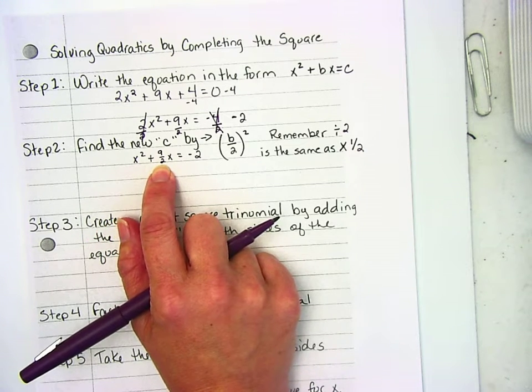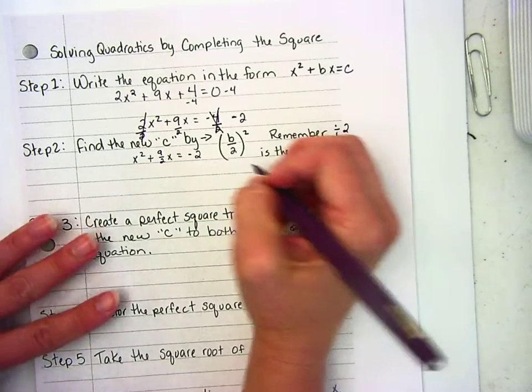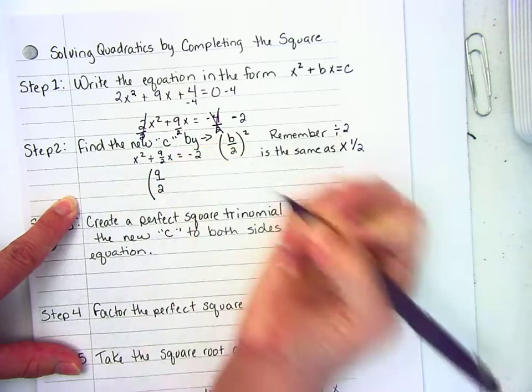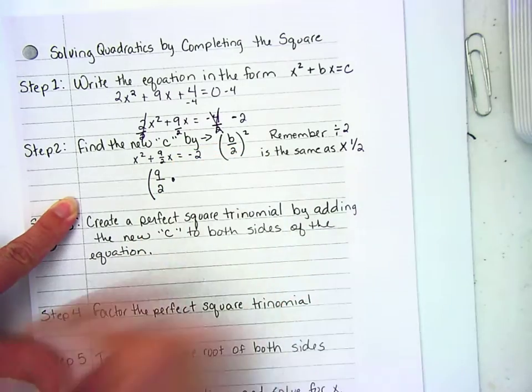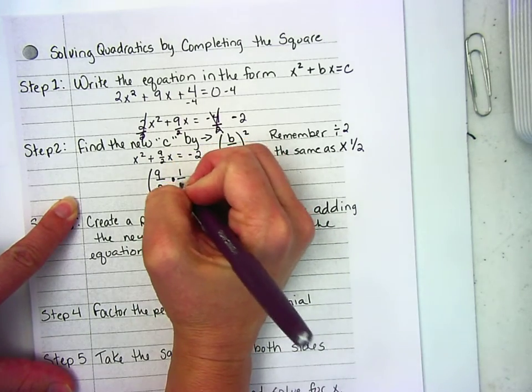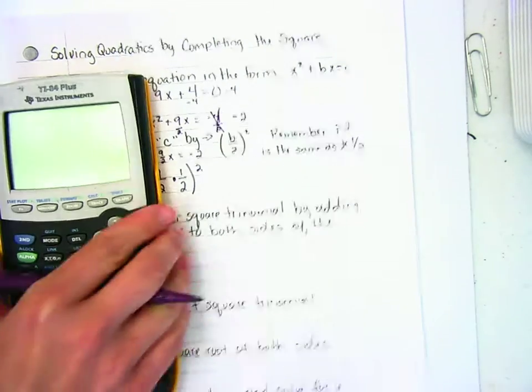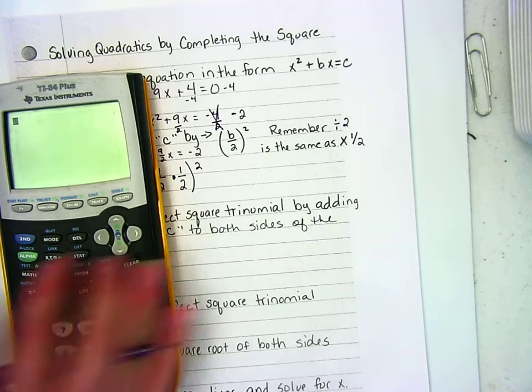So if my b is a fraction, just take it and multiply it by 1/2 and square it. And you can technically put that in your calculator as is. So here I have 9 over 2. In parentheses, I'm going to multiply it by 1/2 since it's a fraction, and then square it. If I don't feel safe with it, I'm going to check it over here.